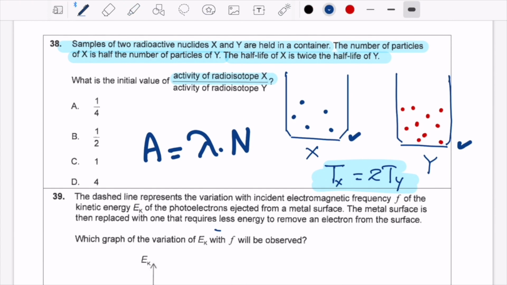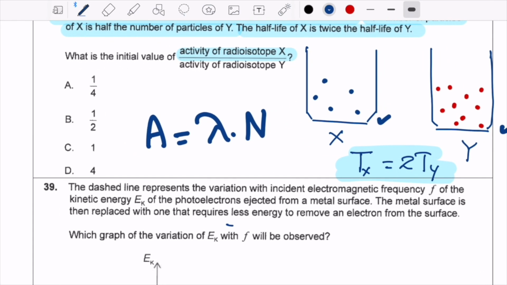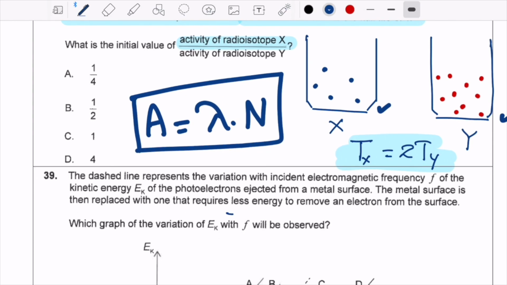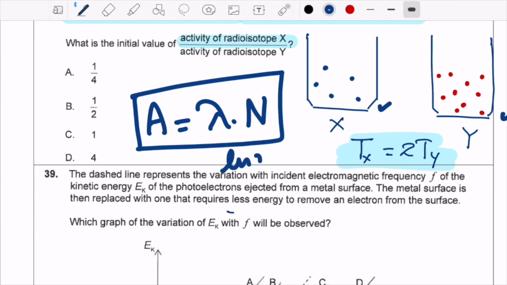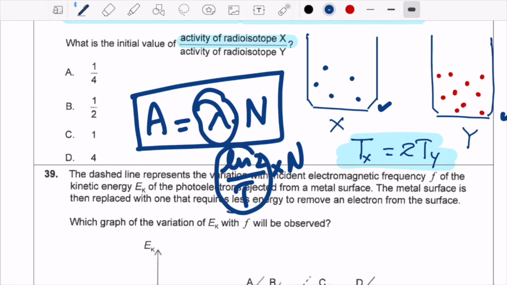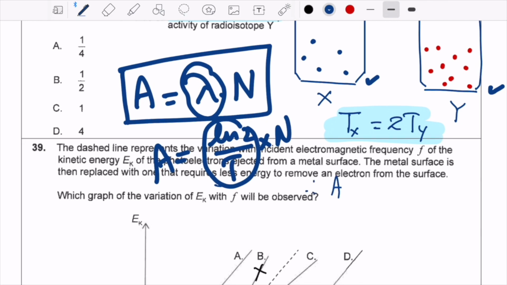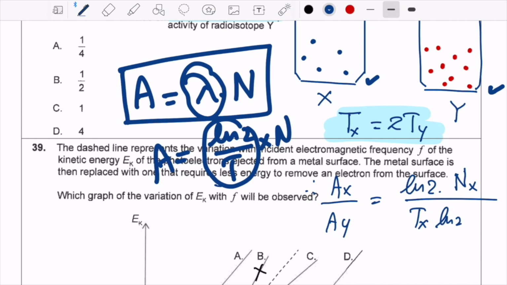First thing is to understand what activity is. Activity is given by this equation. So we need to compare activities, right? But lambda is not given. What can we do? We know lambda is ln2 over half-life, times N. Instead of lambda, I write this equation for activity. Now the activity of X to the activity of Y is ln2 times Nx divided by Tx, over ln2 times Ny divided by Ty.